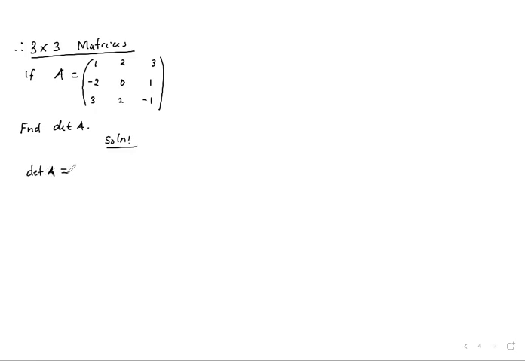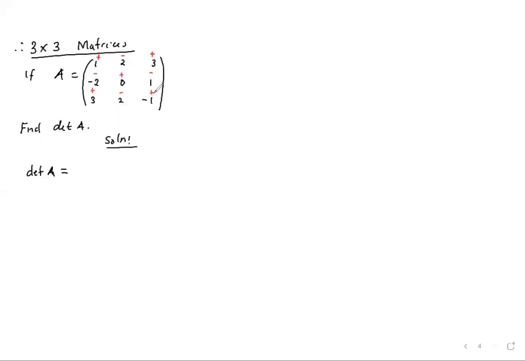Determinant A is equal to, you go to A and pick any row or any column of your own choice. The only thing you must remember is that the first entry has an invisible plus. So negative plus, negative plus, negative plus, negative plus.